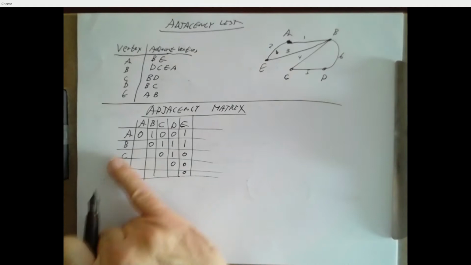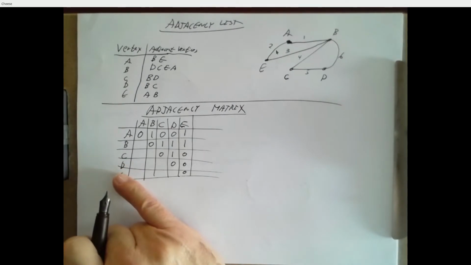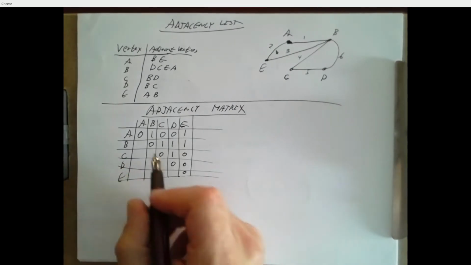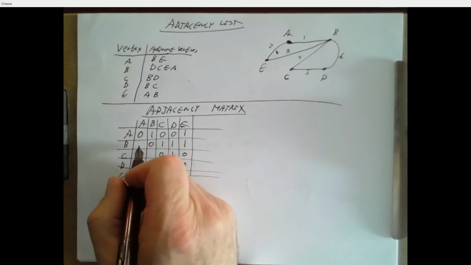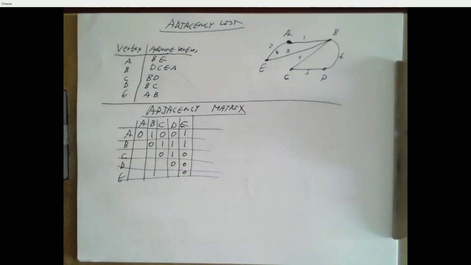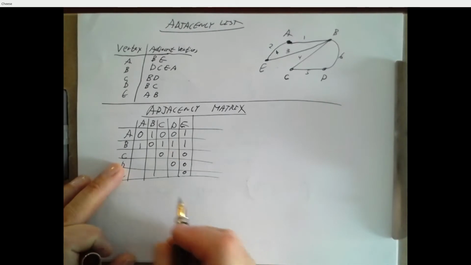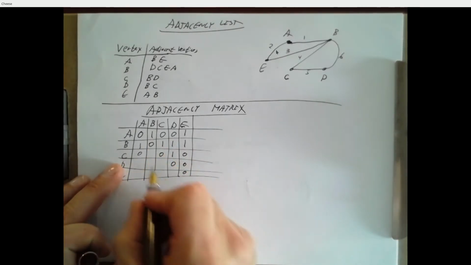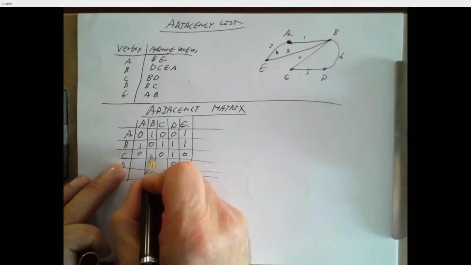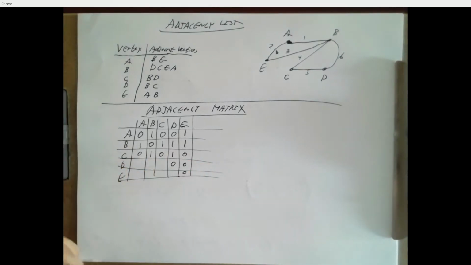And I'm missing half the values here, but this matrix is going to be symmetric. Because since A is connected to B, B is necessarily connected to A. So that's going to be a 1. And AC is not connected, CA is not connected, BC is connected, so CB is connected, and so on. So this turns out to be symmetric, right?